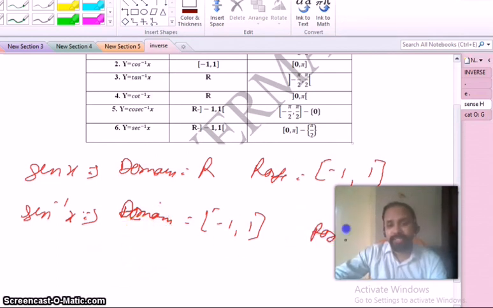And what about the range? The range must be equal to R.